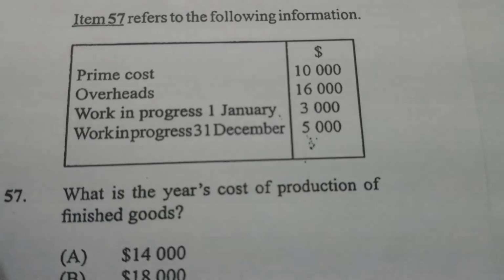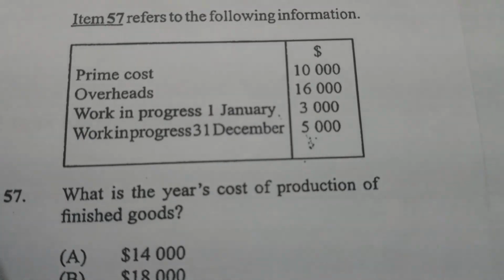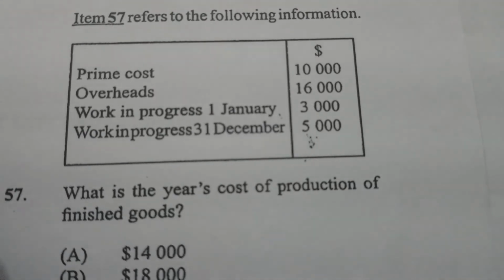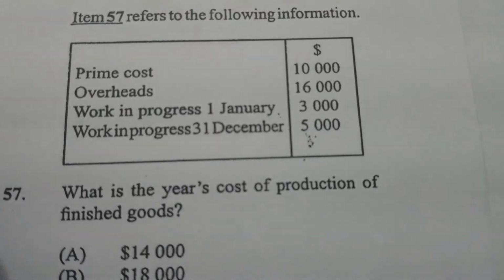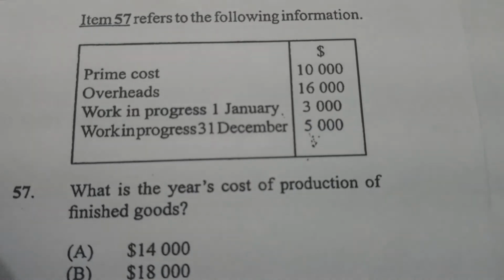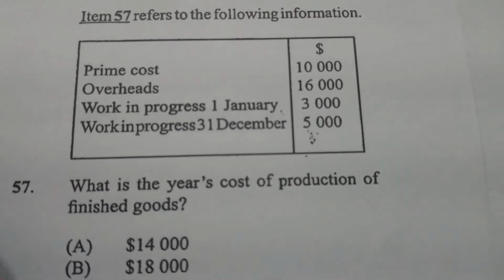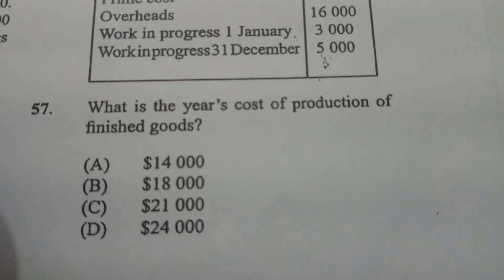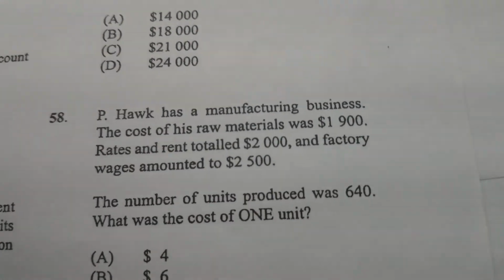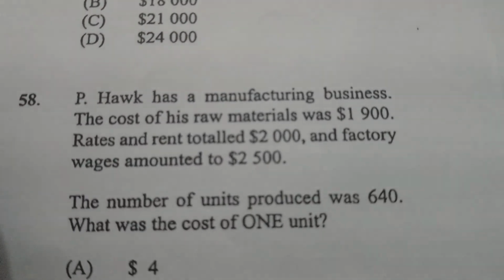We'll add the opening work in progress, 26 plus 3 is going to give us 29,000. We subtract 5,000 from it, and our answer is going to be 24,000. So D would be the appropriate answer, 24,000. Let's move on.